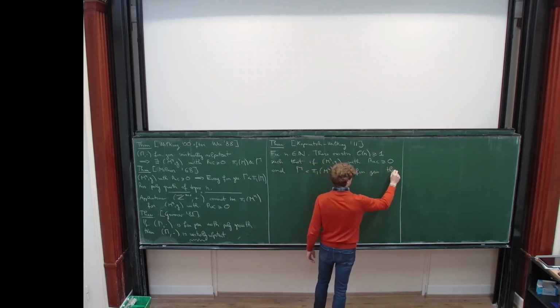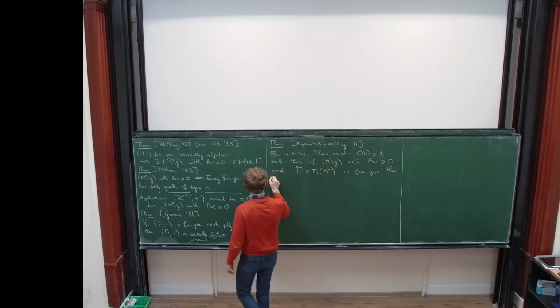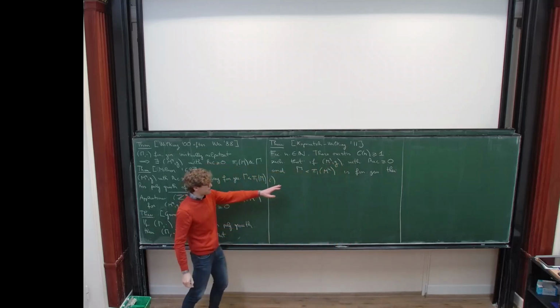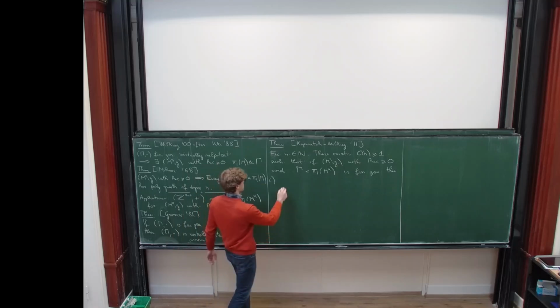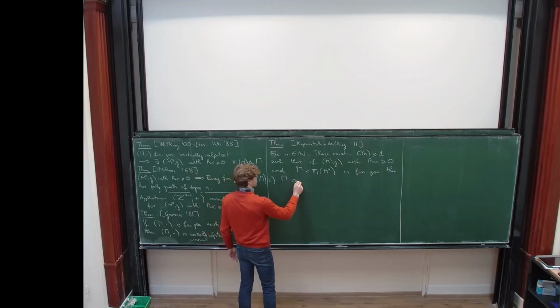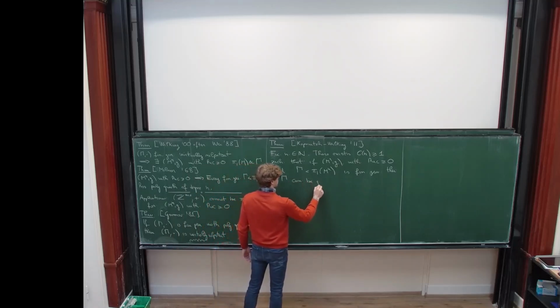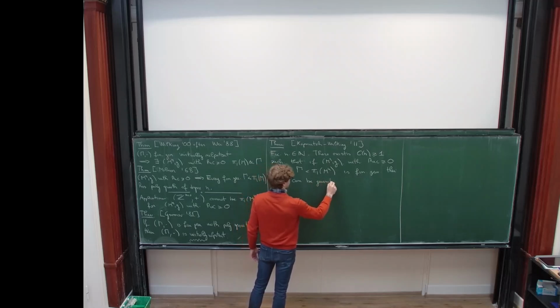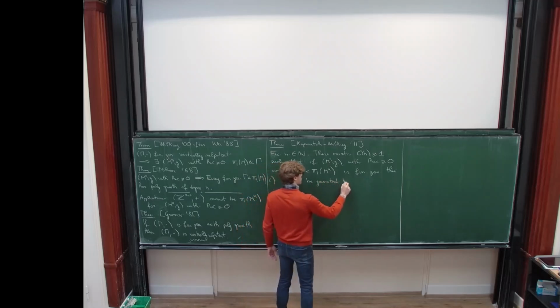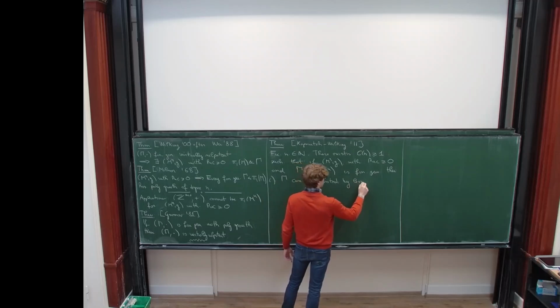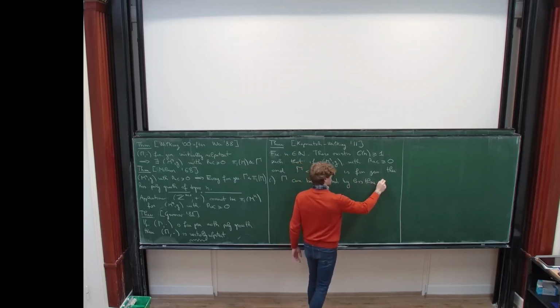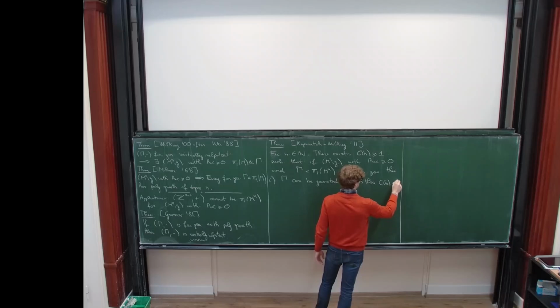then, okay, well, first, you can bound the number of the generators of Γ. So Γ can be generated by less than C(n) elements.